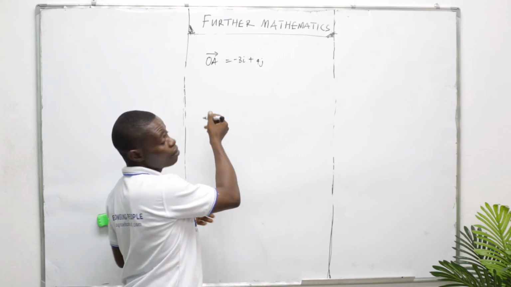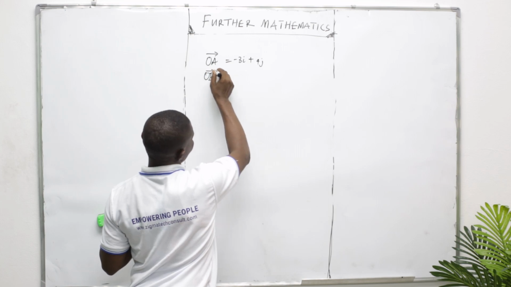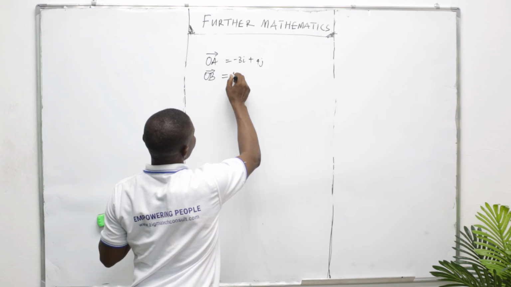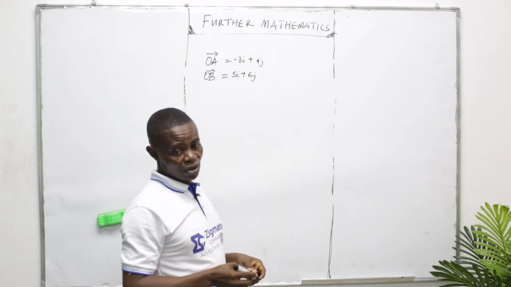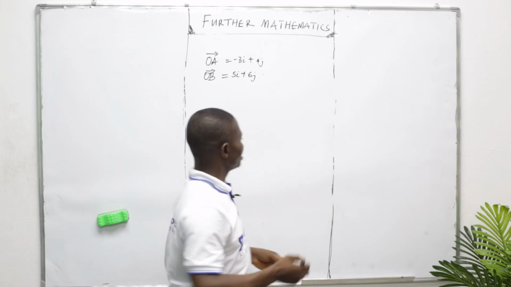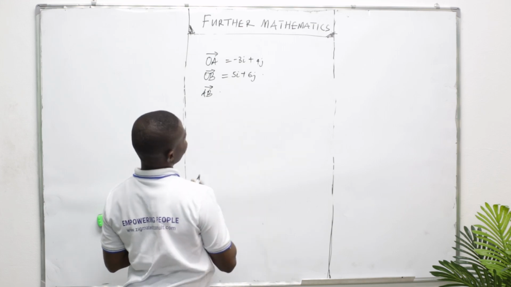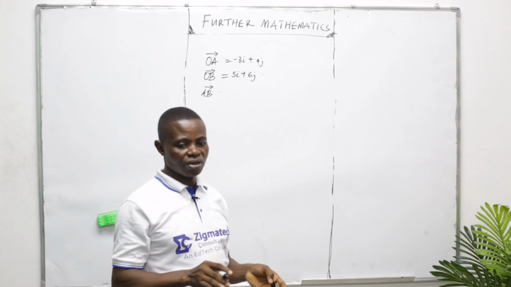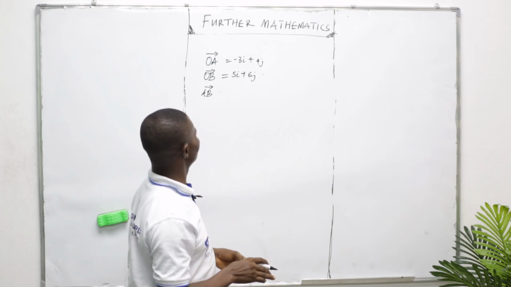If OA is this and OB, that is vector, the side of this equals 5i plus 6j, good. Find AB, that is the vector AB is our interest. And thus, angle between is also another challenge for us in vector.